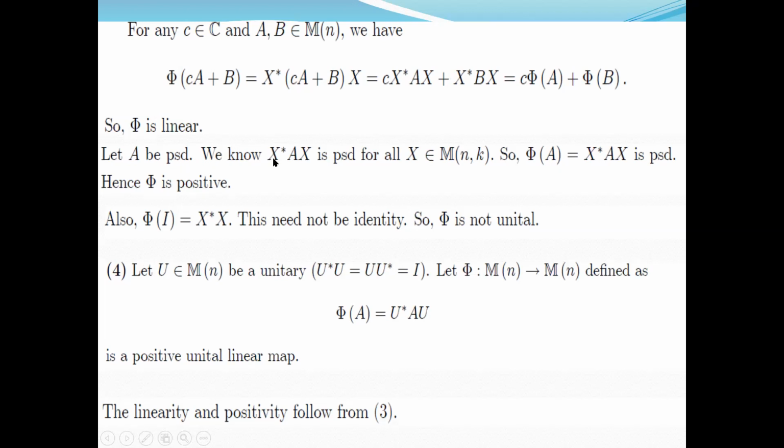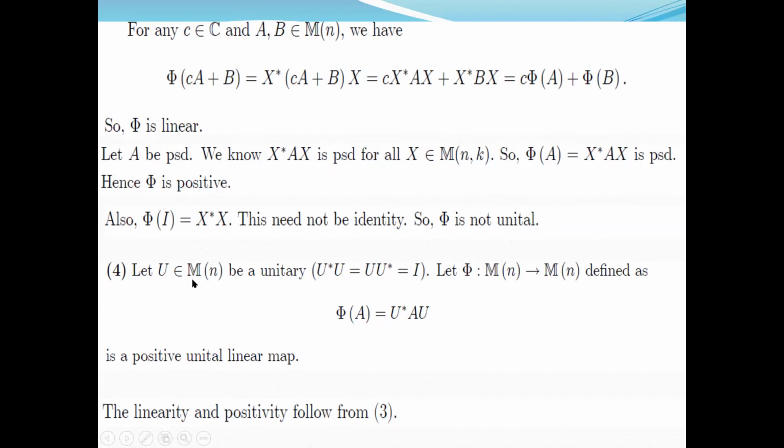We have just proved that if A is positive semi-definite, then X star A X is also positive semi-definite. So phi(A) = X star A X is positive semi-definite, hence phi is positive. Now phi of the identity: if we put A equal to the identity here, we have X star X. This need not be the identity. So phi is not unital.